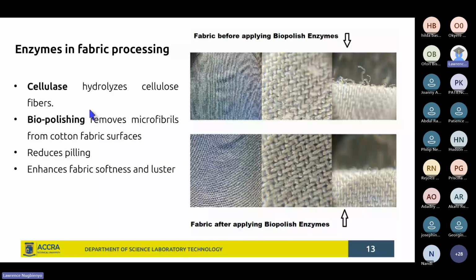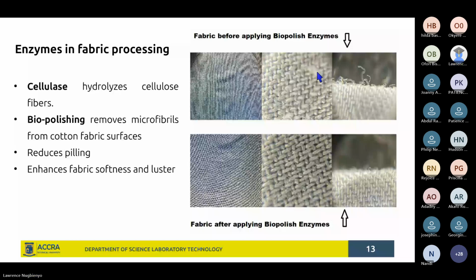So if you take notes, the diagram at the top is showing three different fabrics at very close range. With some microscopy, you can see that you have some little hairs at the surface of these fabrics.